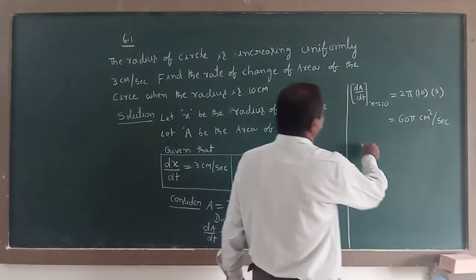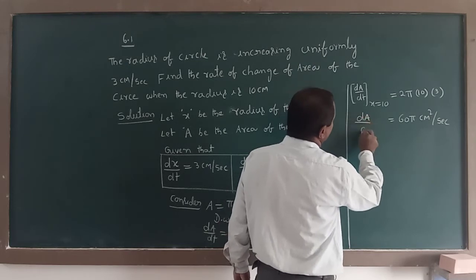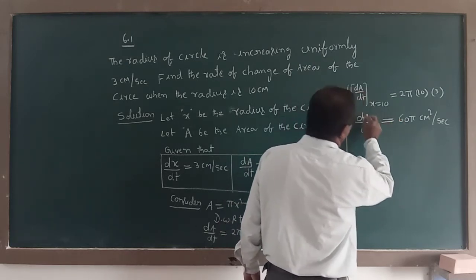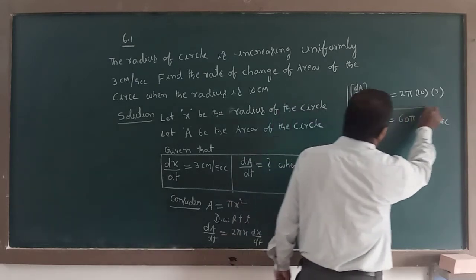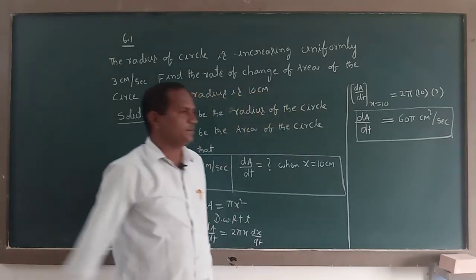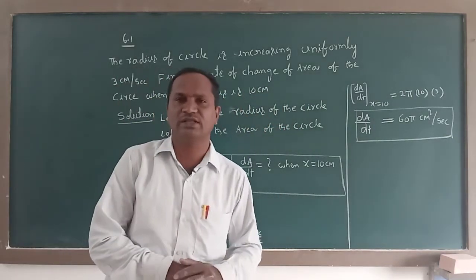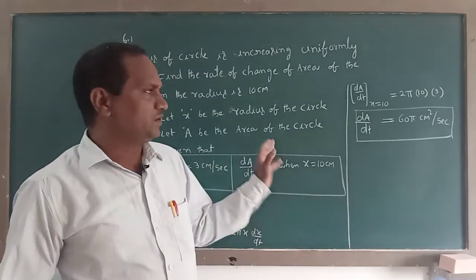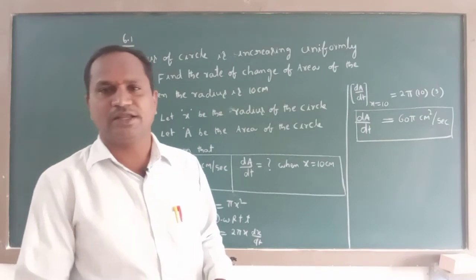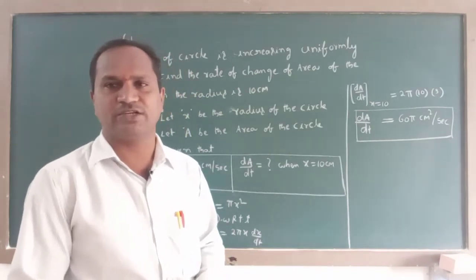Finally, we got the answer dA by dt is equal to 60 centimeter square per second. Like that, we give the solution. It is one of the questions from exercise 6.1. Now let us solve other questions from exercise 6.1.